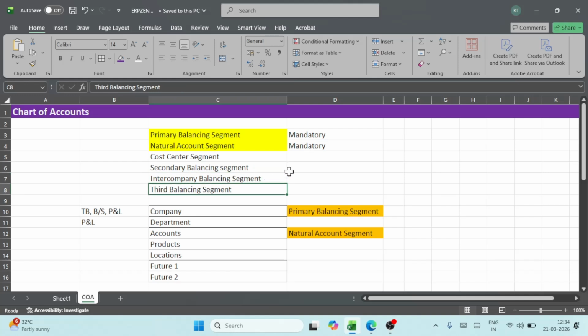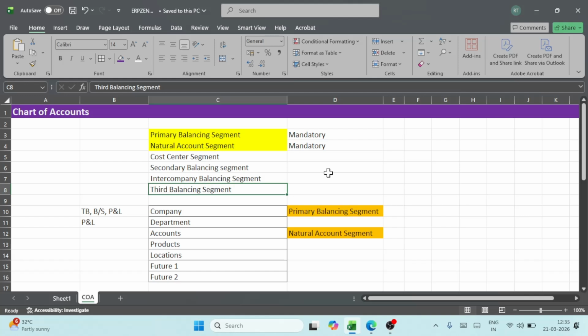Out of these, primary balancing segment and natural account segment are mandatory. So these are the two segments we create every time we create the chart of accounts.